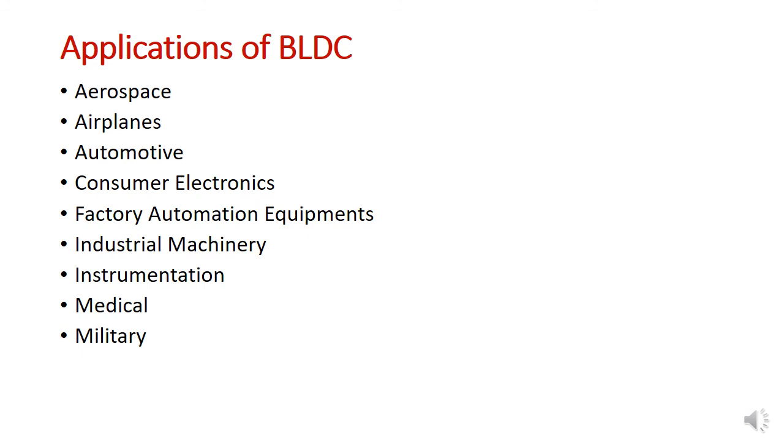Medical electronics is similar to consumer electronics. And military applications, again, it may be used in an electric vehicle or some other systems. The last one, it is not a simple one, it is very popular. It is called the robotic system. In robotic systems, the BLDC. Okay, thank you.